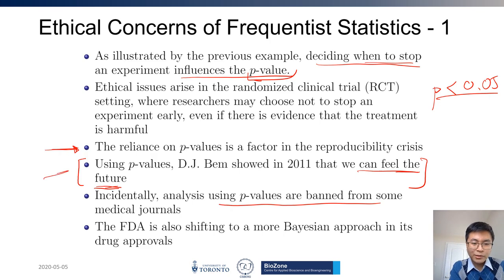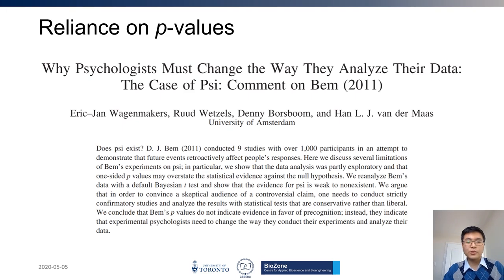But let's take a look at what's going on in this case. So obviously there was controversy surrounding this claim that you can feel the future. So this is a paper that was published directly against saying that, well, all of their statistical analysis was correct, but really they should be changing the way they analyze their data.